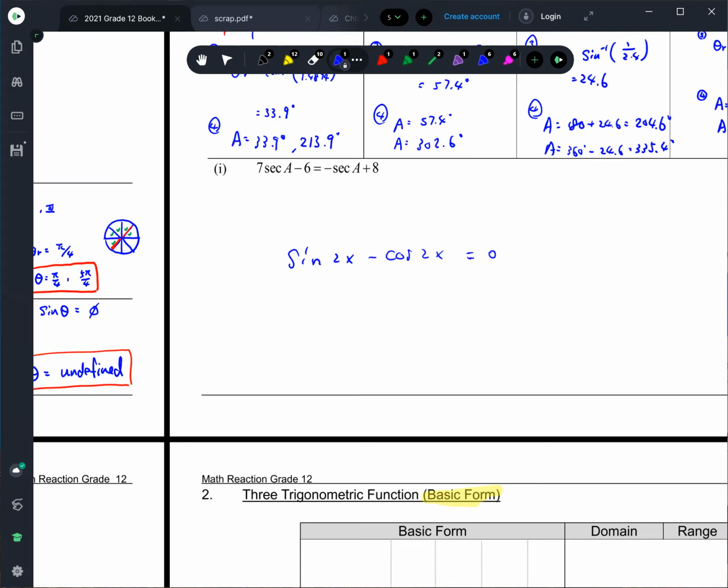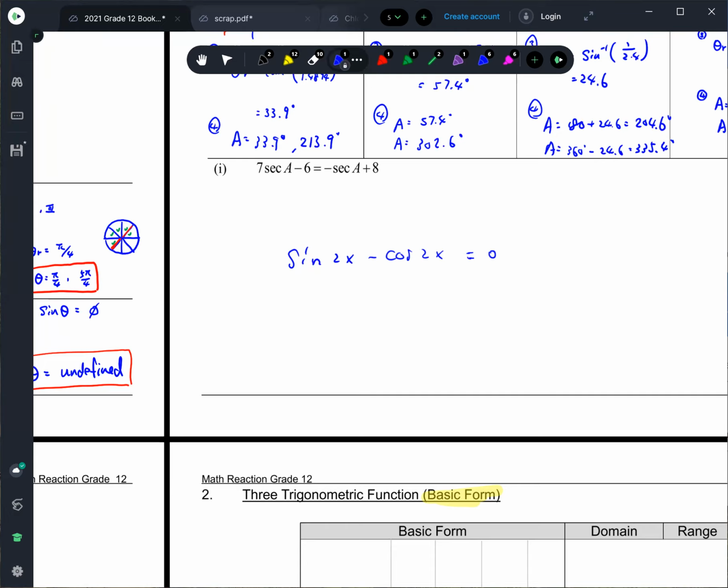Double angle. Yeah, this one has double angle, yes. Other than that, anything else? Sum and difference. We don't use sum and difference for these kind of questions. What else is there?